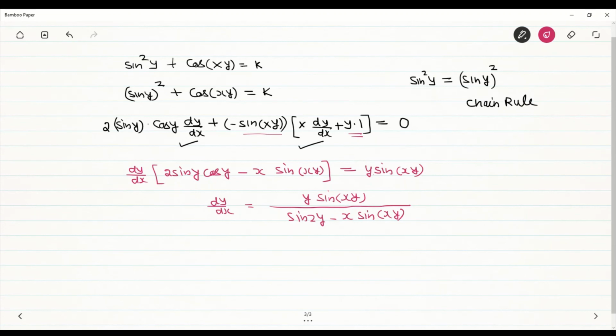Alright, let's take one more question so that the entire concept will be very clear. I have a question like y plus sine y is equal to cos x. So I have to find out dy by dx, which means I have to differentiate it with respect to x.